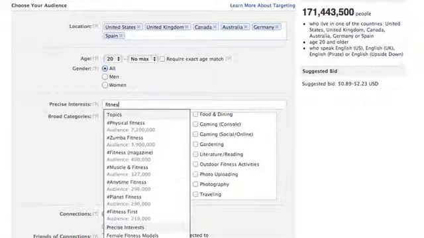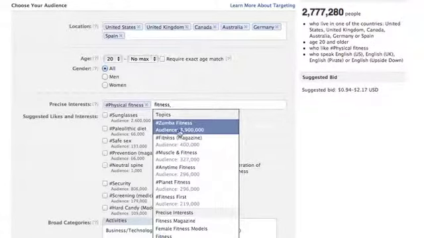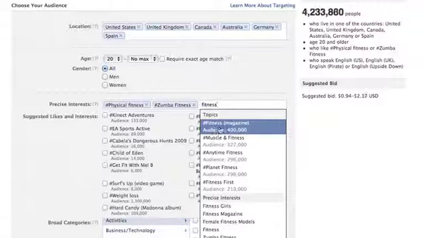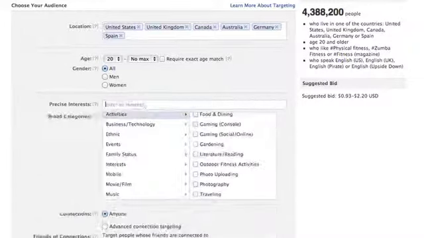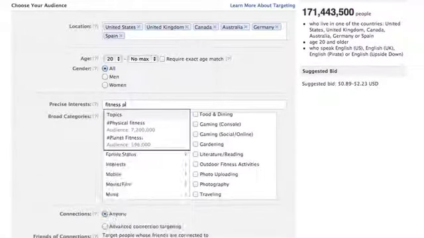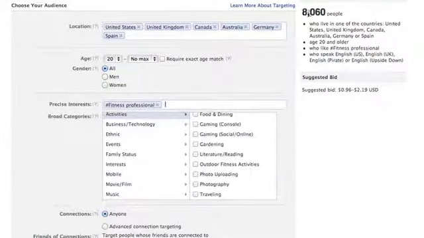So instead of going in here and just typing in fitness, physical fitness, and finding all these keywords for fitness, we're already up to 4.4 million people. Again, terrible idea. Go in here and type in fitness professional. There's 12,000 people, 8,000 people in these countries that need your product. That's exactly who you want to target.